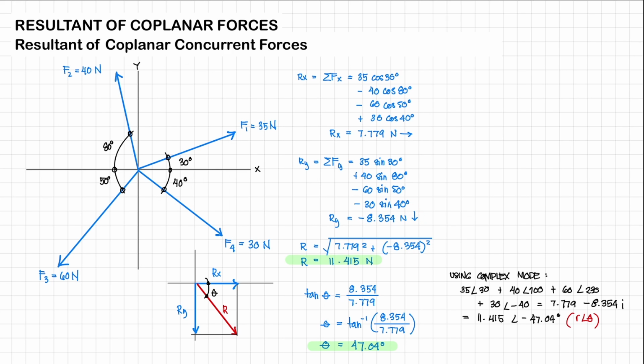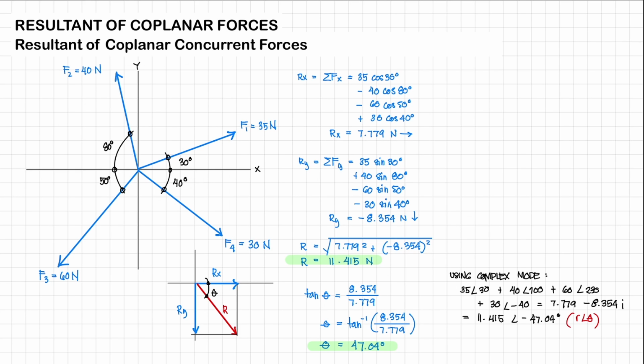Then solving for your resultant, you just get the square root of Rx squared plus Ry squared. And we get R that is equal to 11.415 newtons. And then if we want to determine the direction of our resultant, we can solve for theta using tangent.